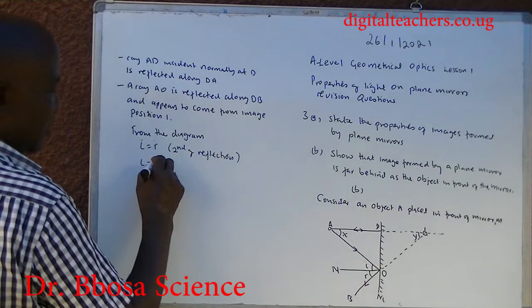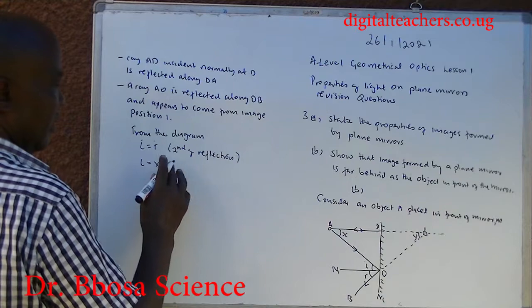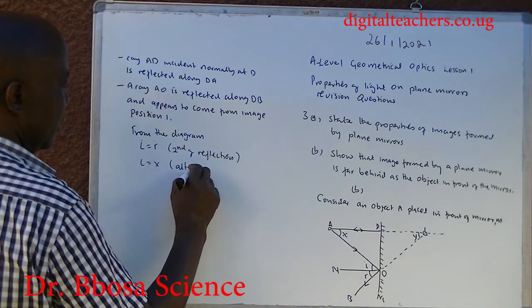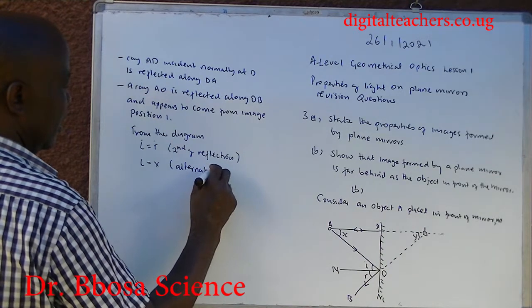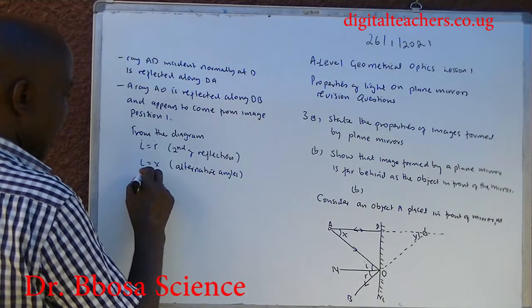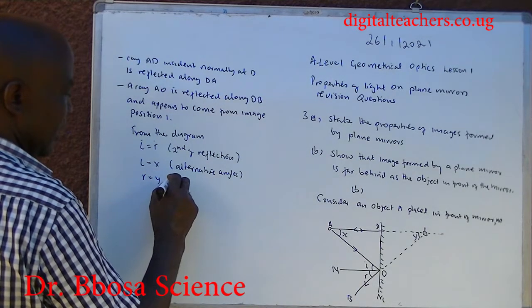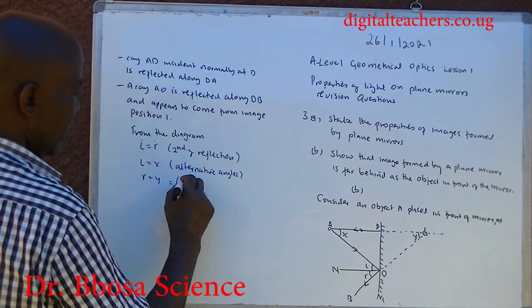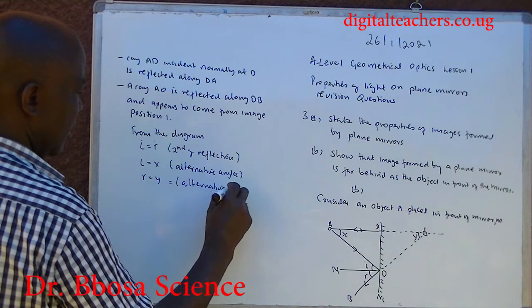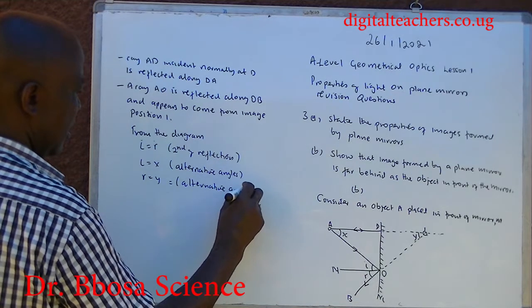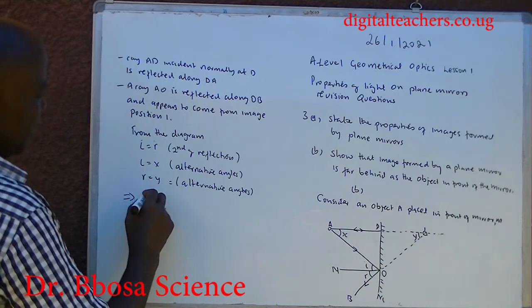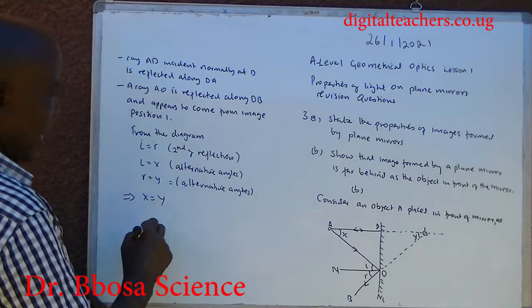I is equal to X. These are alternate angles. R is equal to Y, also alternate angles. It implies that X is equal to Y.